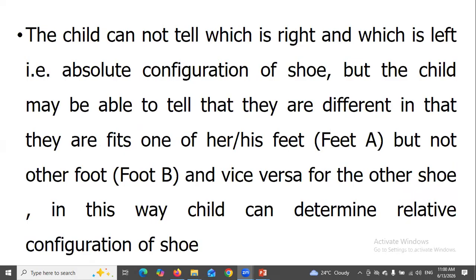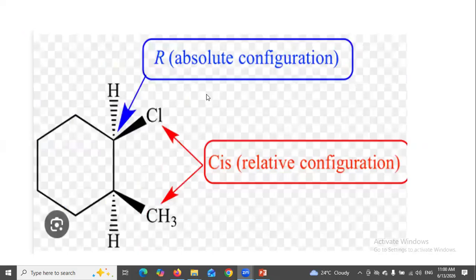But the child may be able to tell that they are different, in that one fits one of his feet but not the other, and vice versa for the other shoe. In this way, the child can determine the relative configuration of the shoes. This is the absolute configuration. This is the comparison of two, the relative configuration.